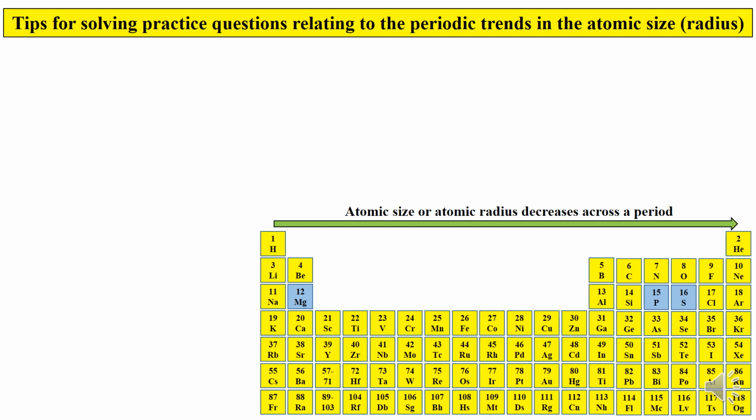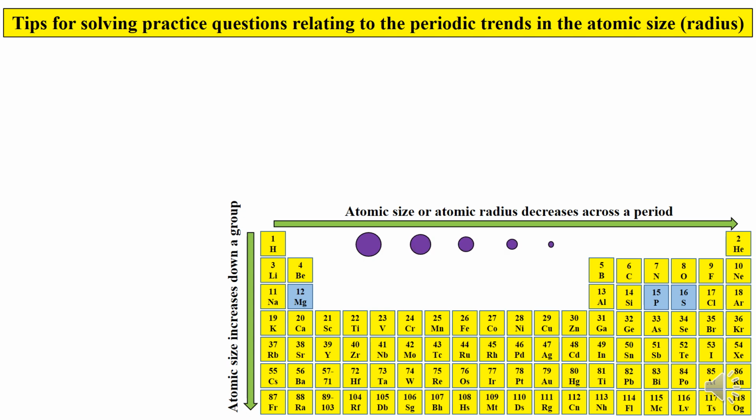Moving across the period from left to right, the atomic size decreases, and going down a group, the atomic size increases. Now, with the help of this particular question, I'll be giving some useful tips in the form of steps. Just follow the steps and it'll be easier for you to solve the questions.